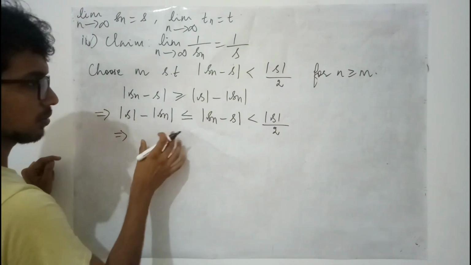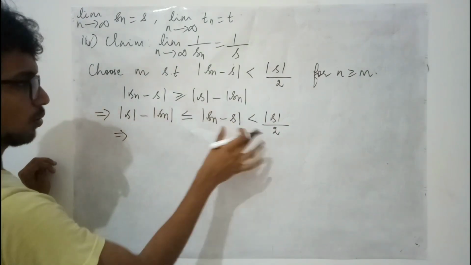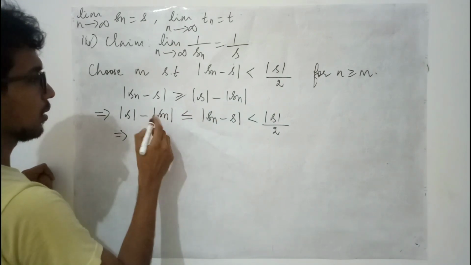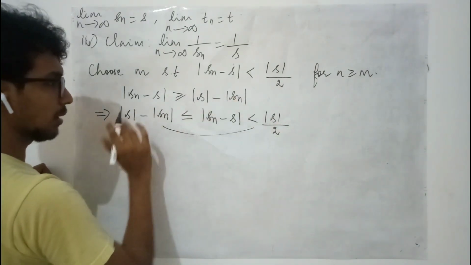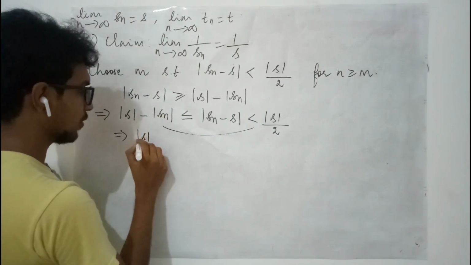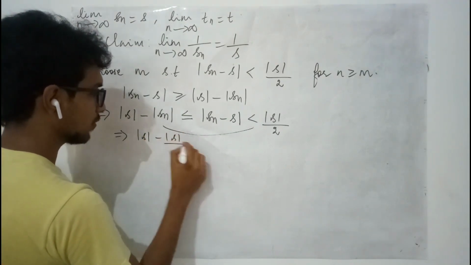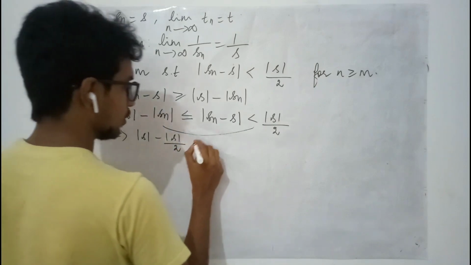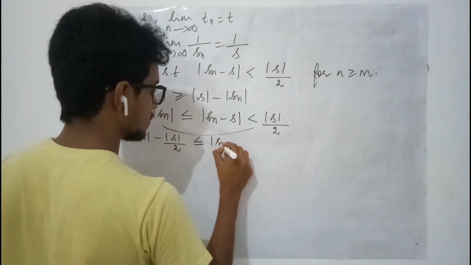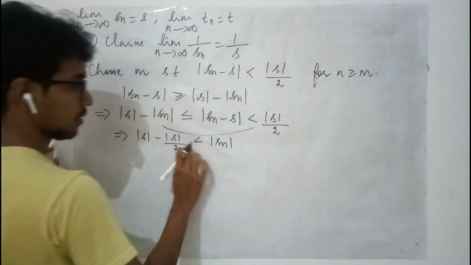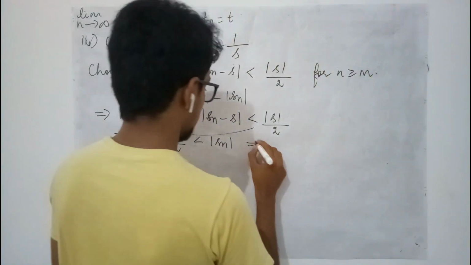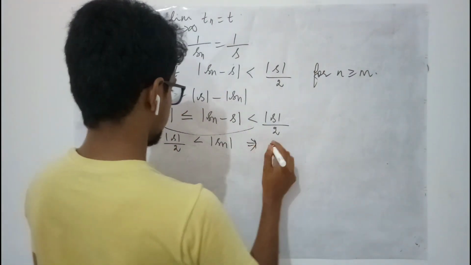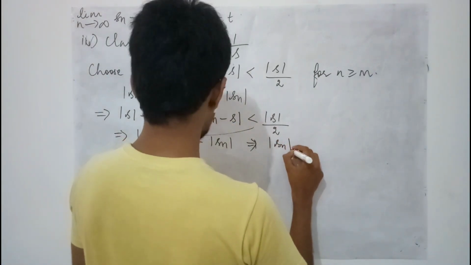So what am I going to do? Just compare these two things, take this to this side and bring this to this side. So you will have absolute of s minus absolute of s upon 2 is strictly less than, because we have strictly less than here, absolute of Sn.